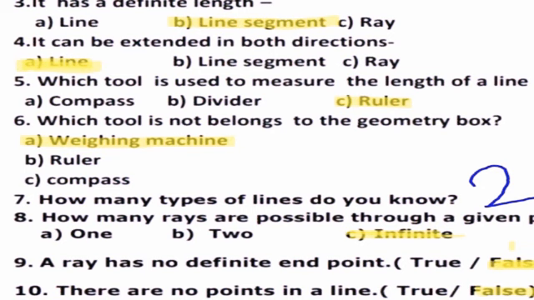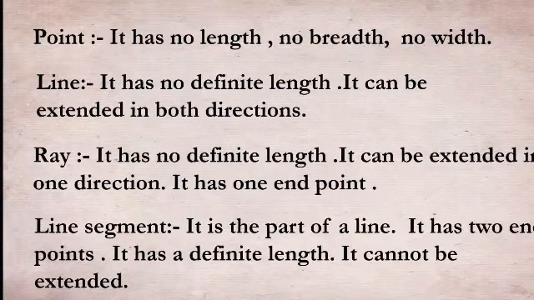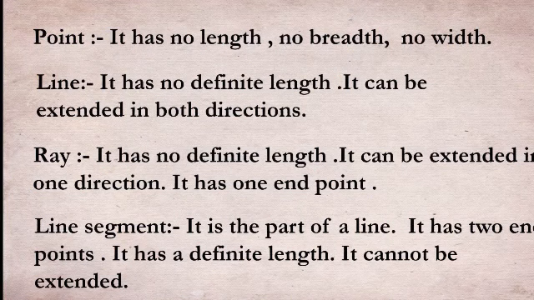And first we have learned about point. A point has no length, no breadth, no width, and no shape actually, and a point is a location on the plane surface.